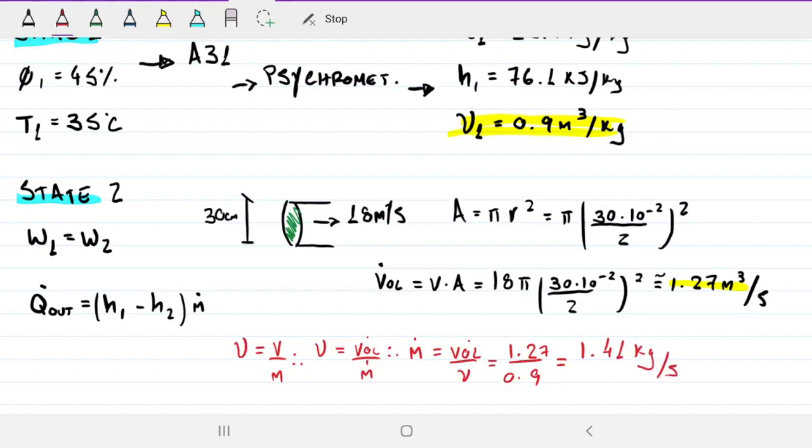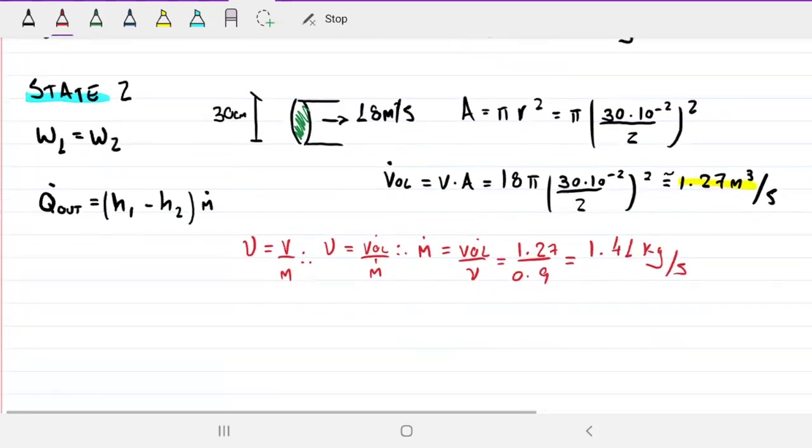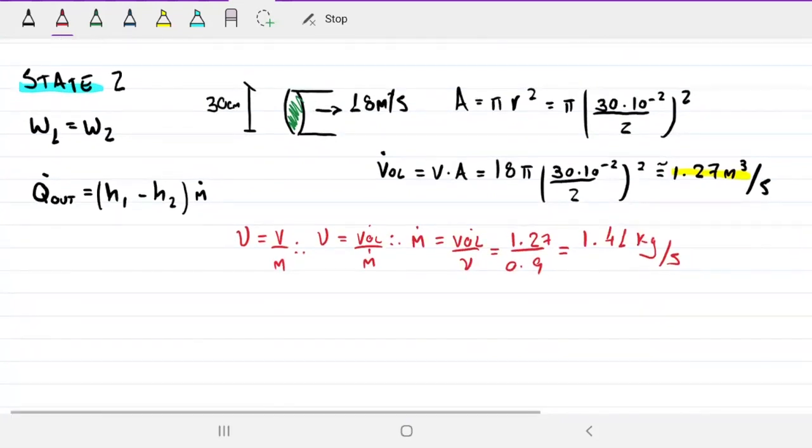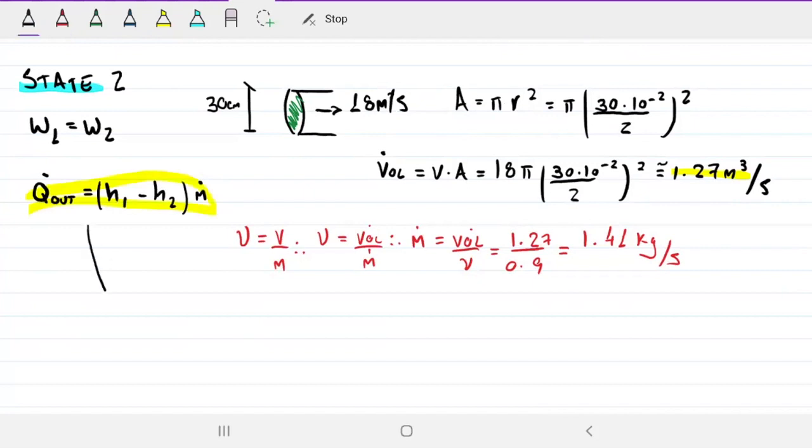Now with that mass flow rate, I can go ahead and calculate H2. As I always tell you guys, there's two ways you can go about doing this math. Let's do both so that nobody's unhappy. First way: I don't like to deal with negative values. I notice that my state 1 is over here, and my state 2 is down here, so I know I'm removing energy.